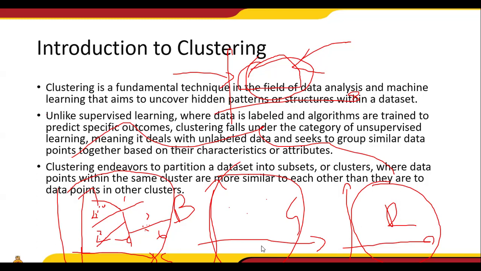I got another answer. Classification groups by predefined labels, clustering finds patterns. Yes, it's acceptable. Basically, we have predefined categories. The goal or objective of categorizing data is predefined classes or categories.